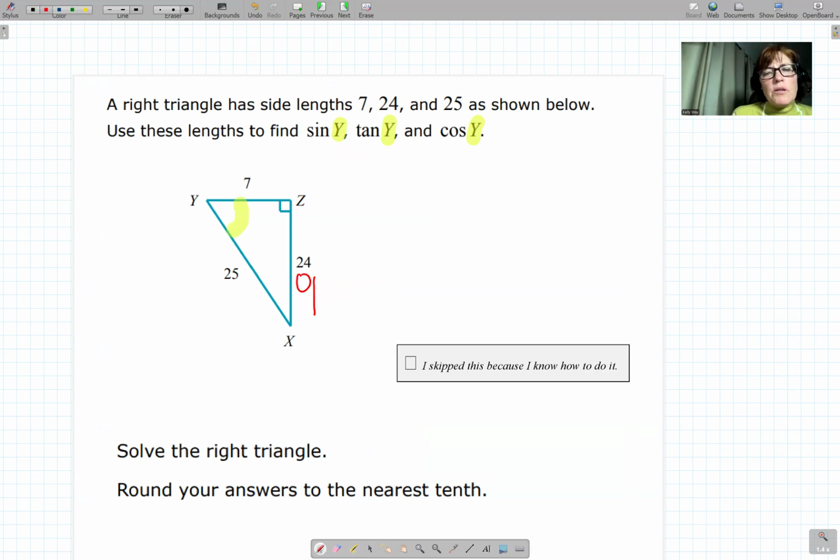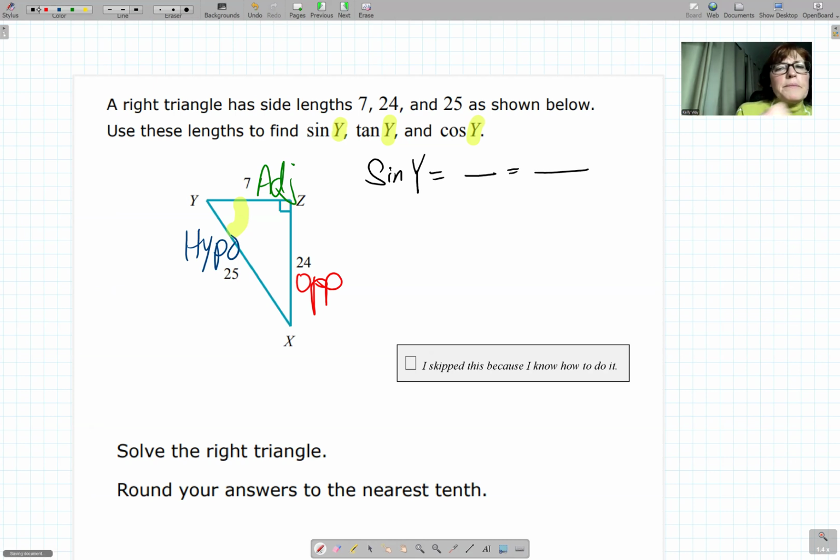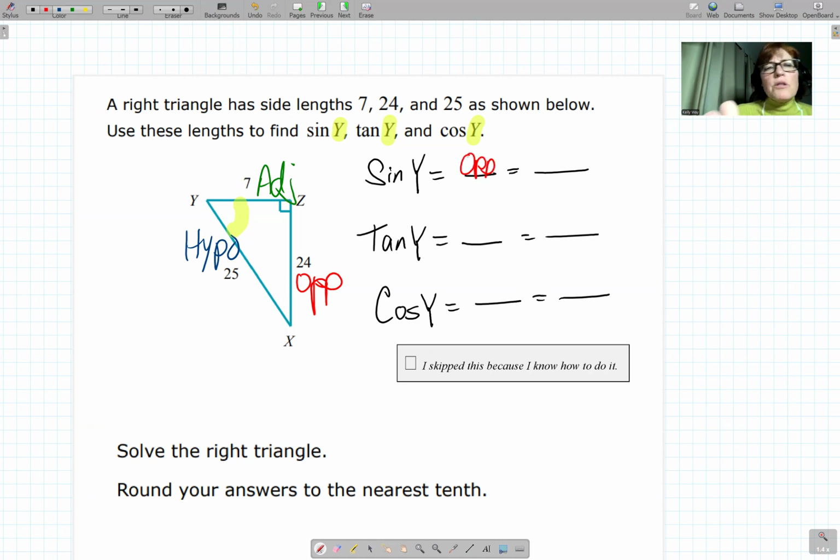So I start with y because everything's made a reference to y here. From y, this is your opposite. This is your adjacent. This is your hypo. So sine is going to be opposite over hypo, which in this case, your opposite is 24 and your hypo is 25, and you're done.